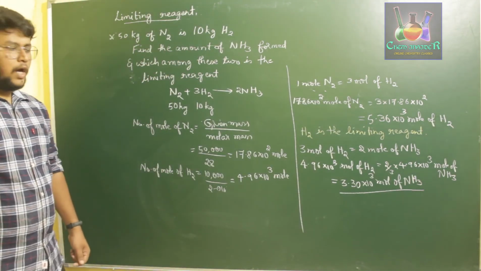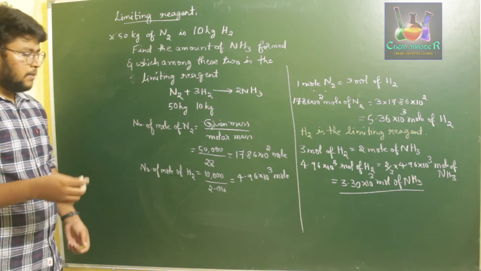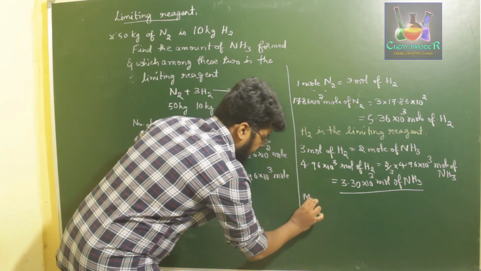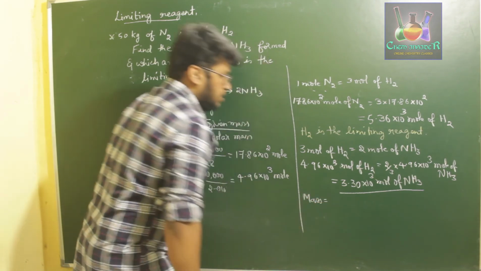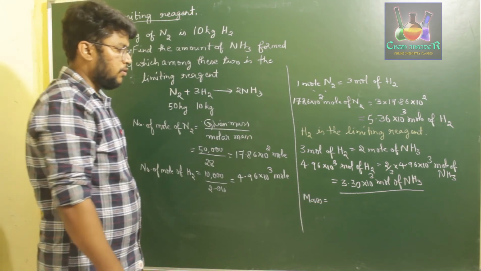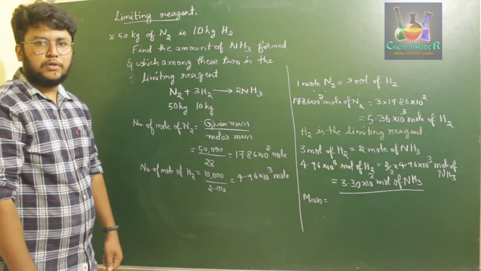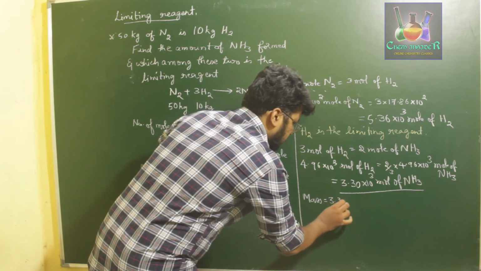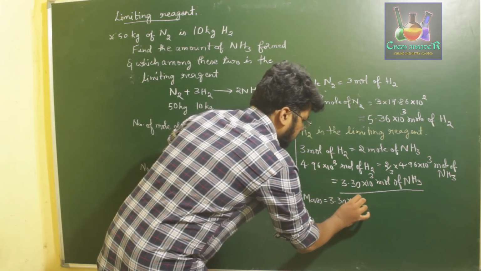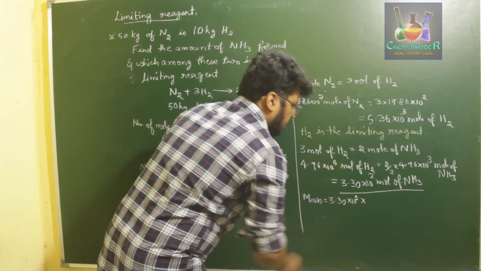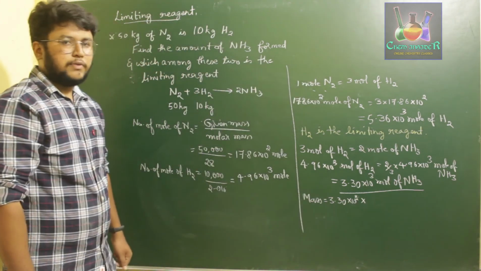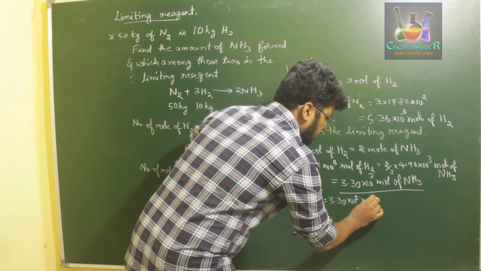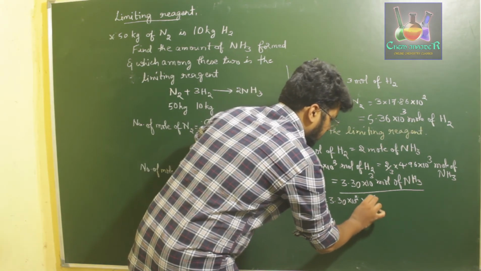Okay, if we have to convert that value into kilograms, we can do that. The mass formed is equal to the number of moles times the molar mass. That is 3.30 × 10^3 multiplied by the molar mass of ammonia, which is 17.